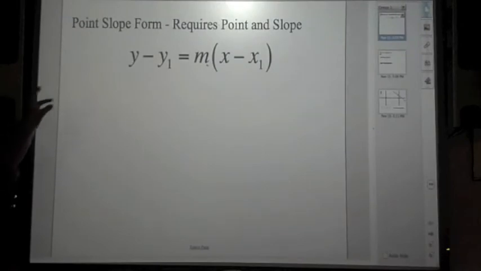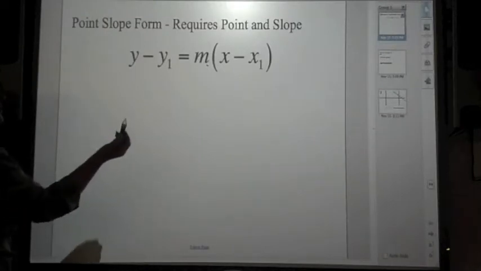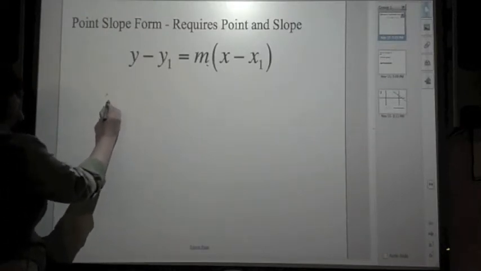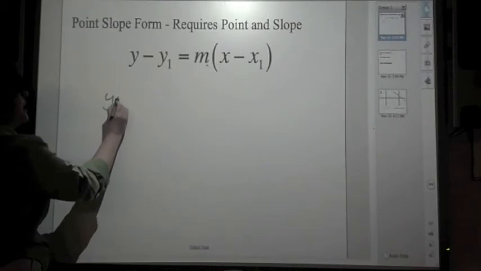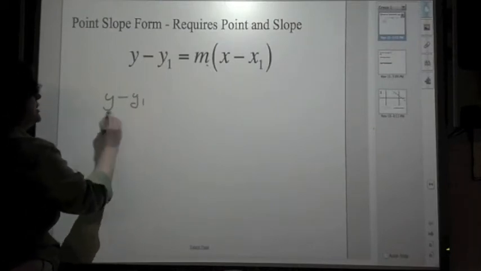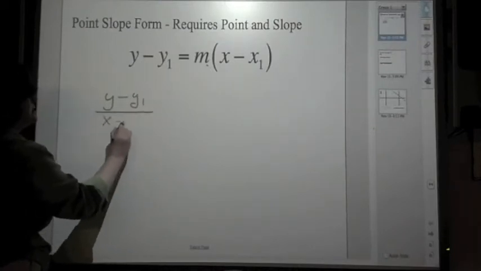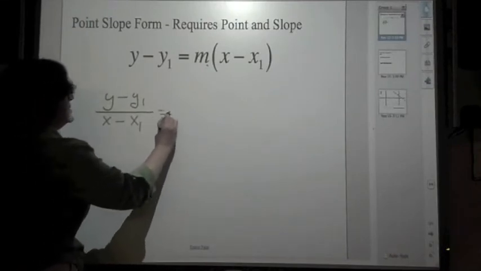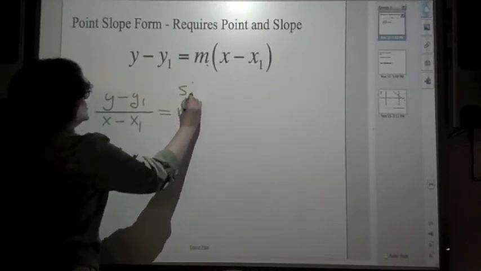This formula looks really complicated, but it's actually the same as the slope formula you already learned. You learned that when you take y minus y over x minus x, that equals slope.